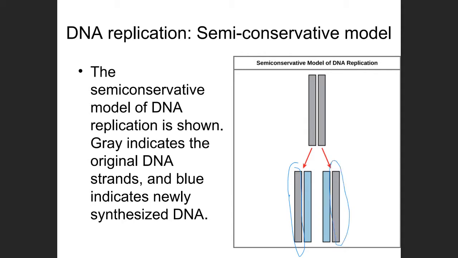Those gray ones. And then you also get a new strand that they're showing you here in blue, right? So these are your 2 new strands. So you've conserved the old and you've made new ones. So each new strand of DNA has one old strand and one new, so it's semi-conservative. You're keeping half of the old stuff.